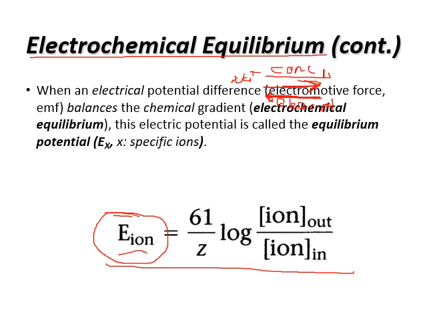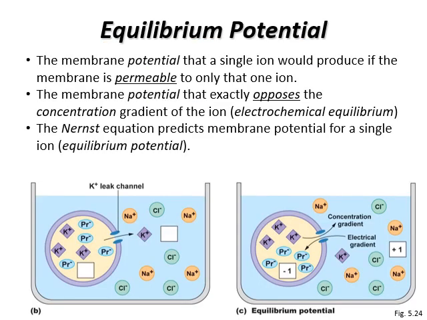So we're looking here. We've got electrical potential. The equilibrium potential, the Nernst equation, is predicting at what value of membrane potential these two forces, in this case for potassium, are equal.